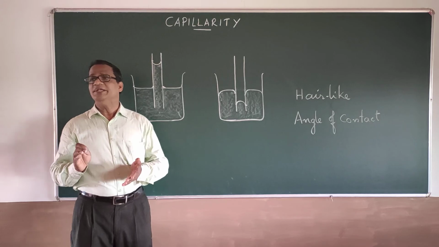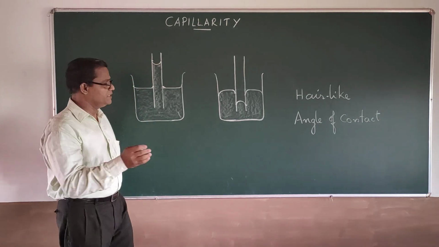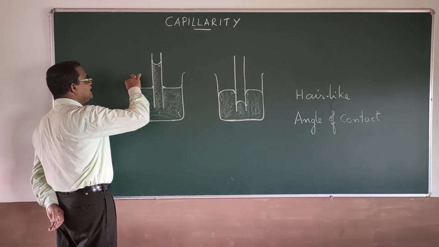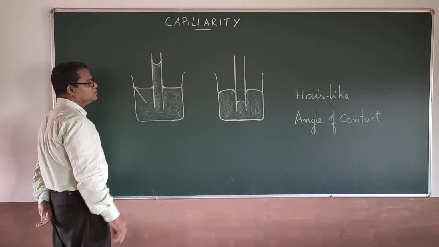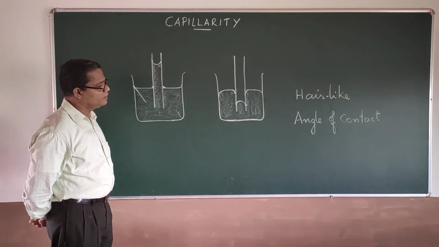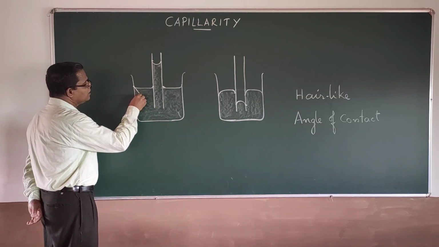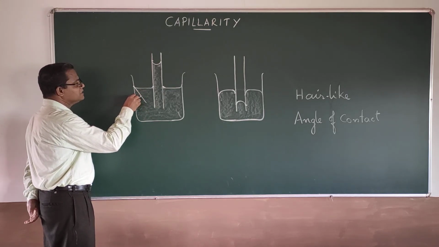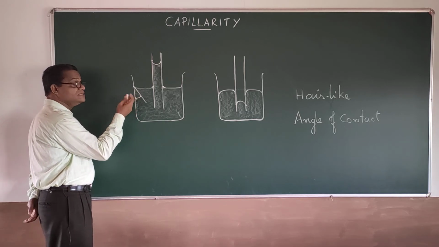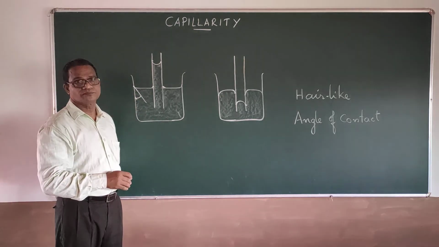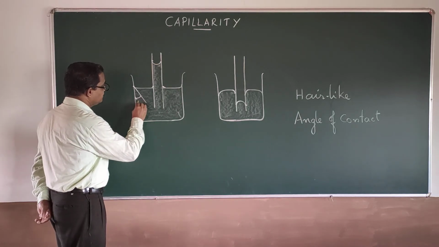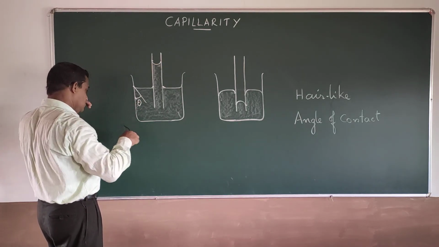Now, how do we define it? Let's see. If I take the tangent at the point of contact, it goes like this. And I take the angle between the tangent and the surface of the solid inside the liquid. So this can be the angle of contact here.